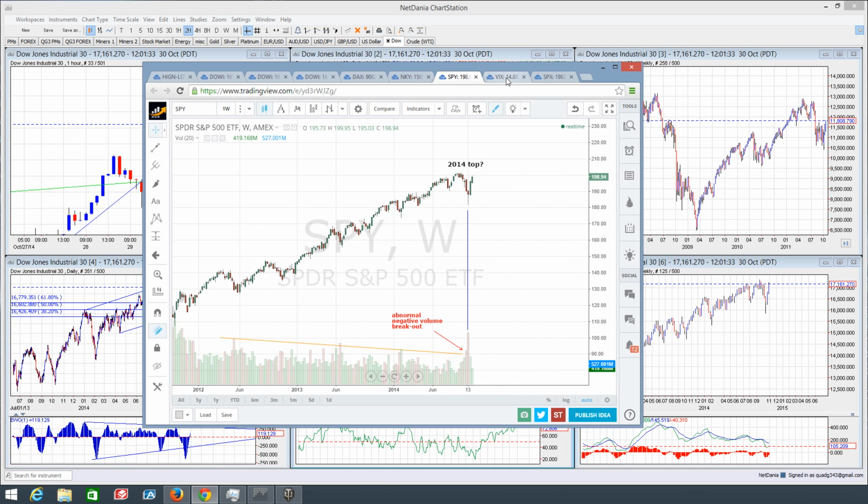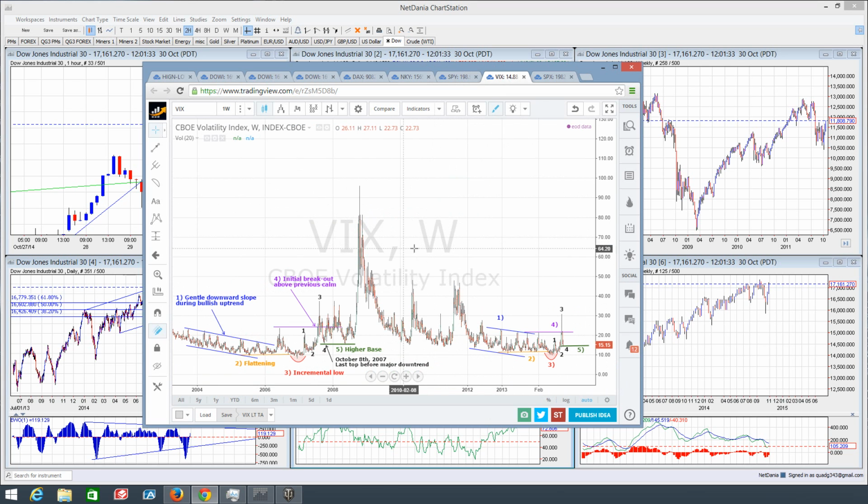Let's move to sign number 6. And this is what's been taking place in the VIX lately. The fear index, you've probably heard of it. It's basically an indication of what's taking place between the put and call ratio in the options markets.